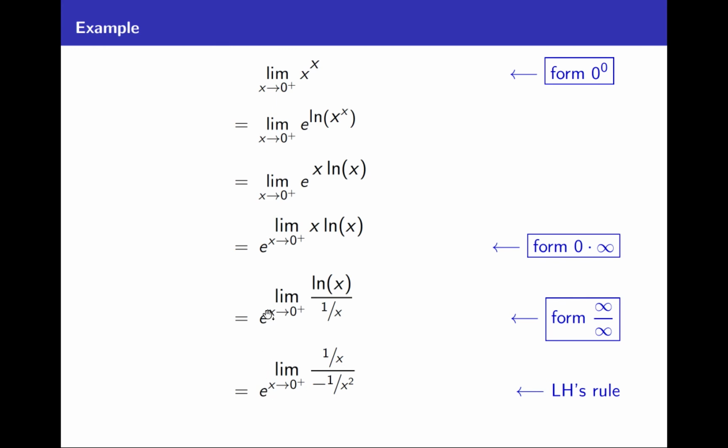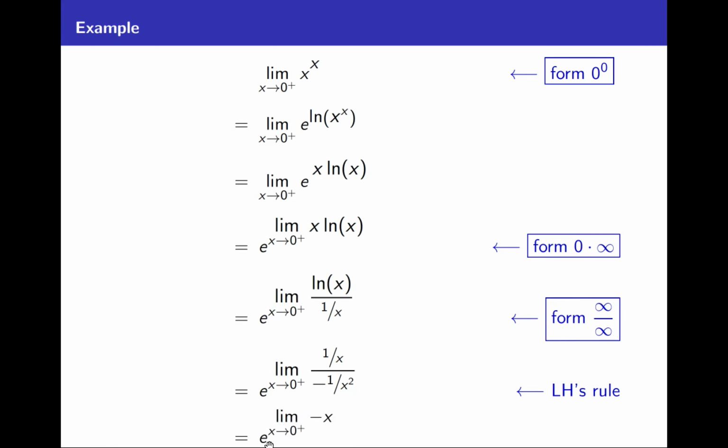Bring the e down, don't forget about the e, and applying L'Hopital's rule to this limit, the derivative of ln of x is 1 over x. The derivative of 1 over x is negative 1 over x squared. And then we can simplify that.